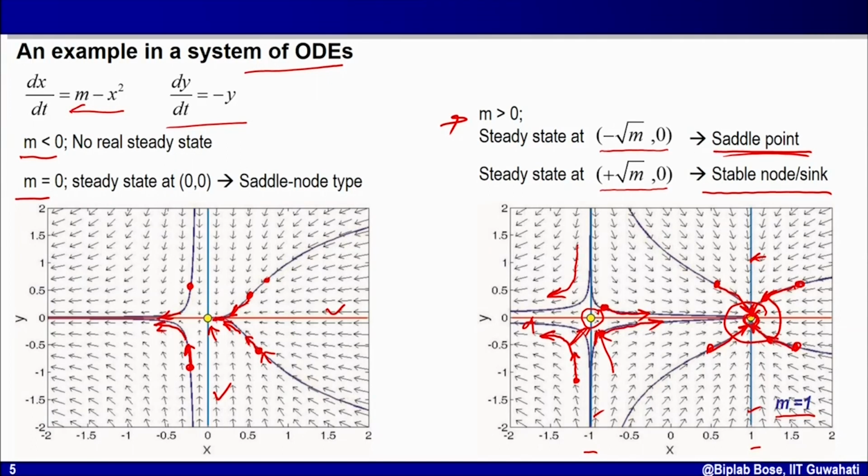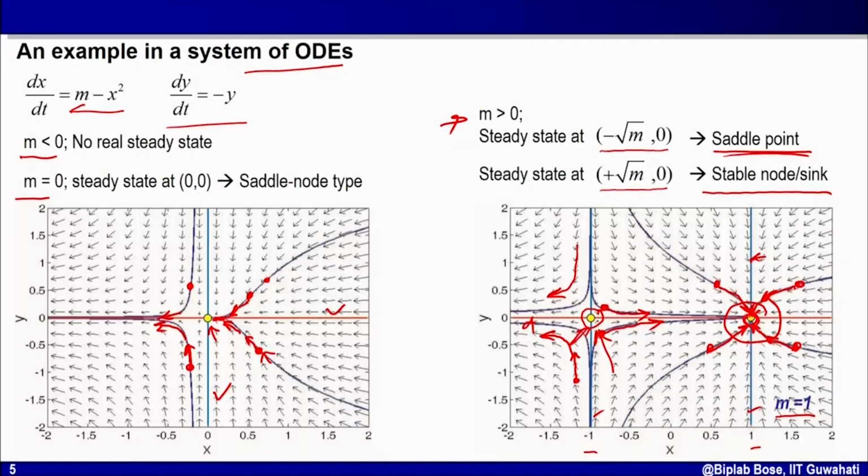So in this example, you are observing two phenomena. When m is changed in different domains, when m is negative, you don't have any real steady state. When m equal to 0, you have only one steady state. When m is greater than 0, you have two steady states. So the number of steady states is changing with the value of the parameter. Not only that, in this case, the type of stability of the system is also changing.